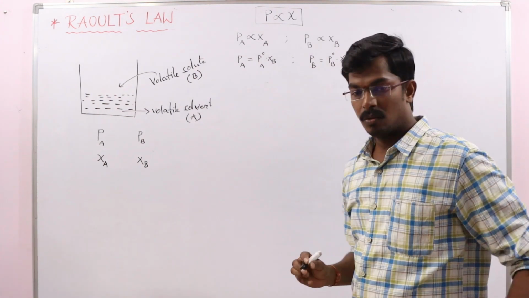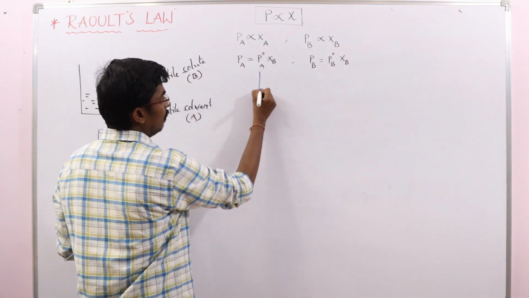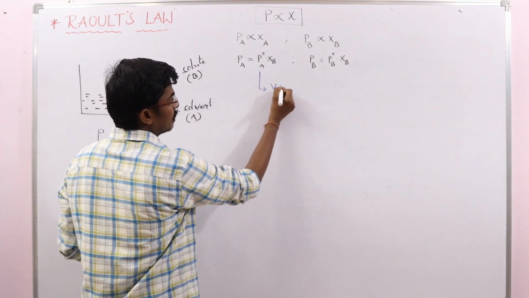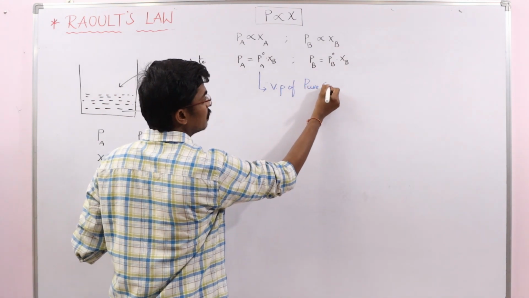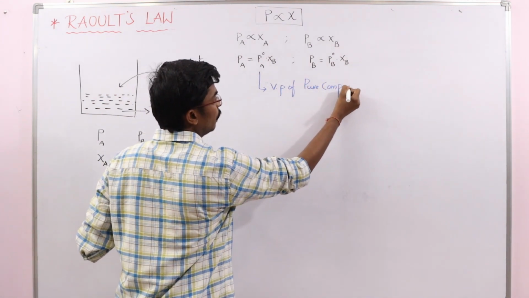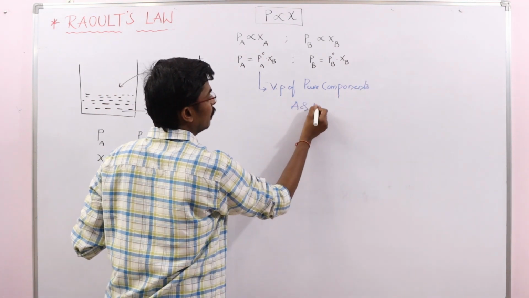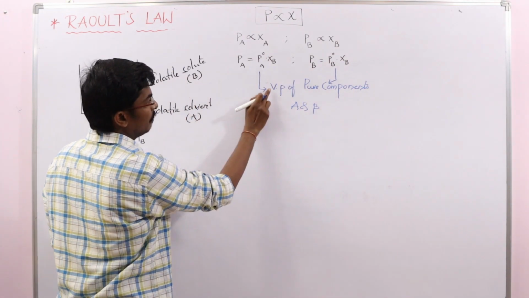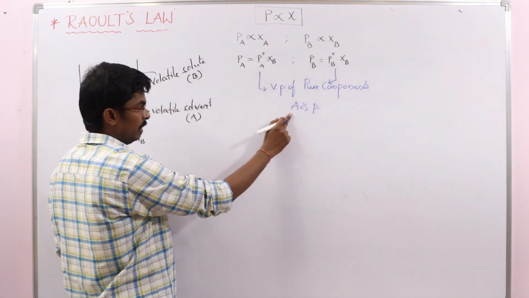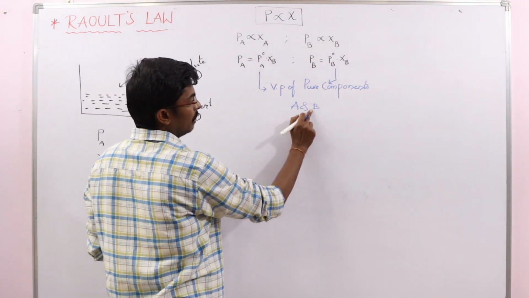What do P naught A and P naught B represent here? These are the vapor pressures of the pure components A and B. P naught A is the vapor pressure of pure component A, the solvent, and P naught B is the vapor pressure of pure component B, the solute.